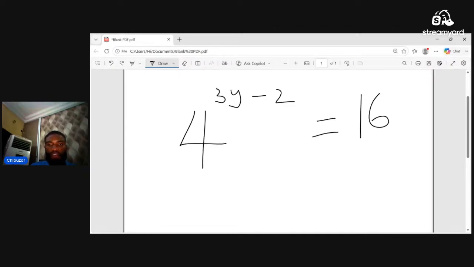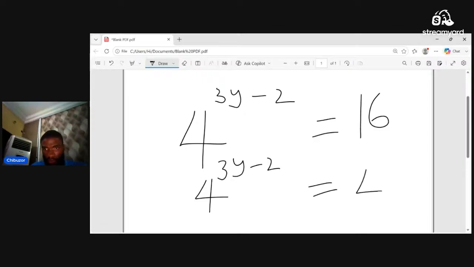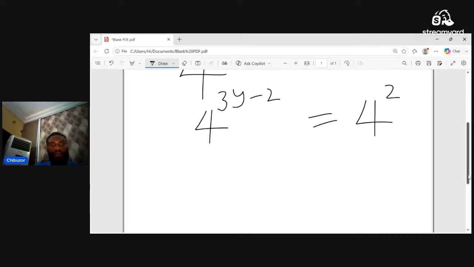So since we've established that 4 raised to power 2 is equal to 16, we now say 4^(3y-2) is equal to 4 raised to power 2. Right? Now we have the bases as the same thing. We cancel out 4 and 4. If we cancel out 4 and 4, we'll have 3y minus 2 is equal to 2.